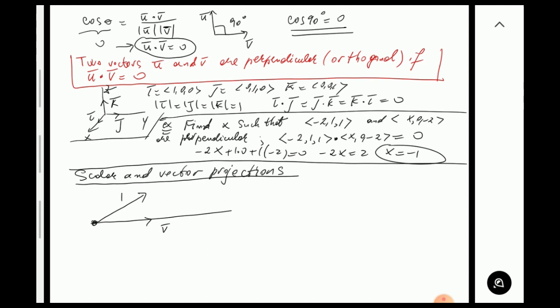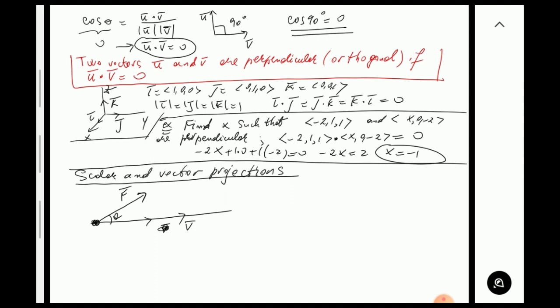So let's say v is over here, and then F is here, acting on the object at an angle theta.